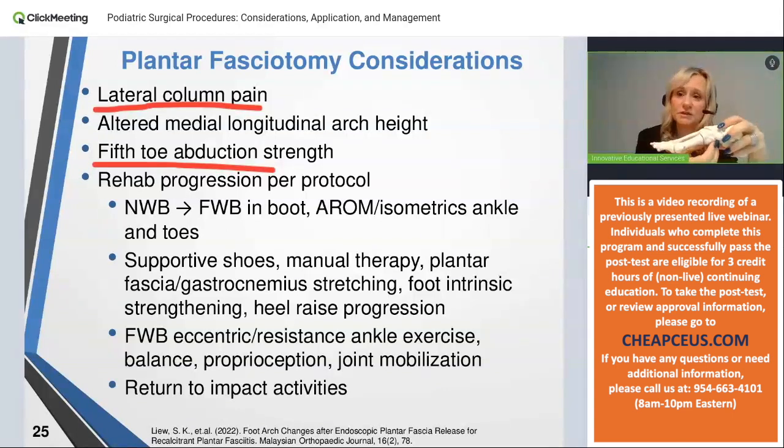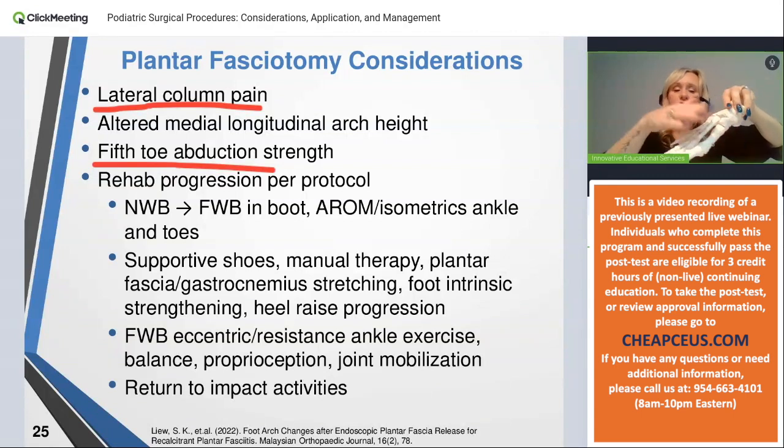If there is too much of a release of that plantar fascia, what happens then is it is going to allow too much of a drop in that navicular and malalignment of that foot. And that is going to shift the weight more to that lateral column of the foot as the person's weight bearing.